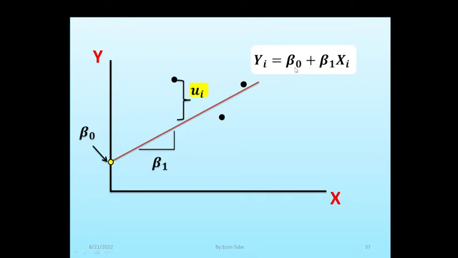If beta naught is positive, the line starts from this point, then slopes upward, and the slope is beta 1. What does it mean? The first derivative of yi with respect to xi is equal to beta 1. This means if x is increased by 1 unit horizontally, y increases by beta 1. Beta 1 is the increase in y due to a 1 unit increase in x.